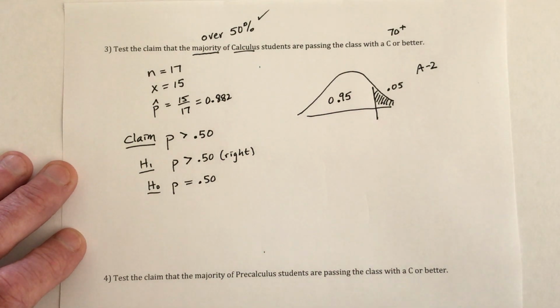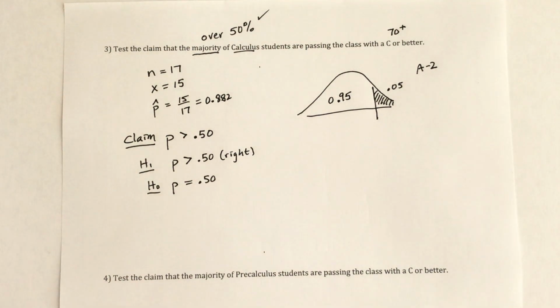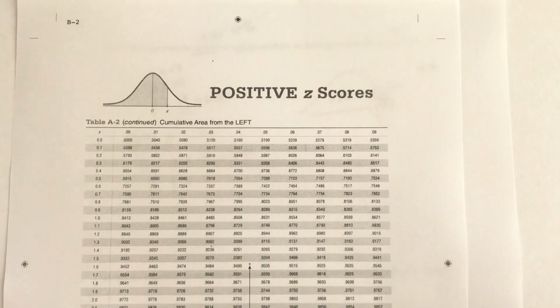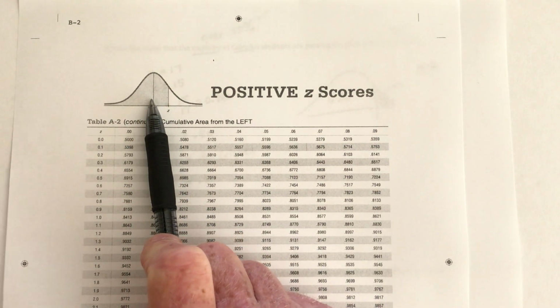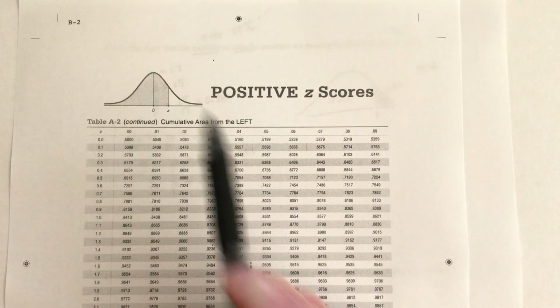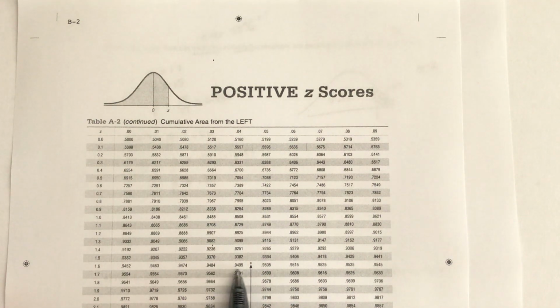So I need to get table A2. Ta-da! And with table A2, it's always looking at what's on the left. So that means I'm looking for 0.95. And as I search through the table trying to find the closest thing to 0.95, I notice that there's a tie right here between 9495 and 9505.